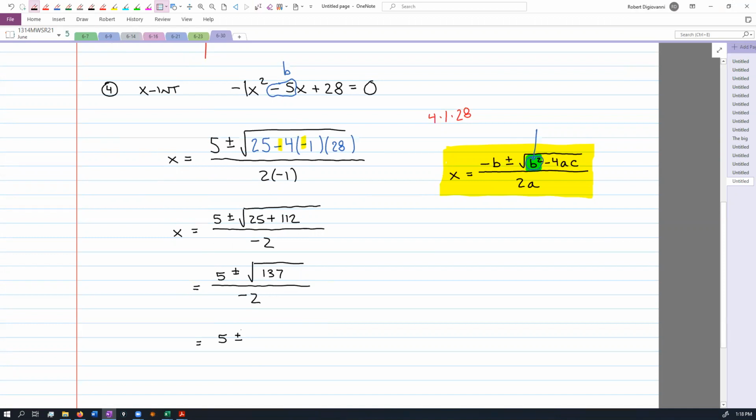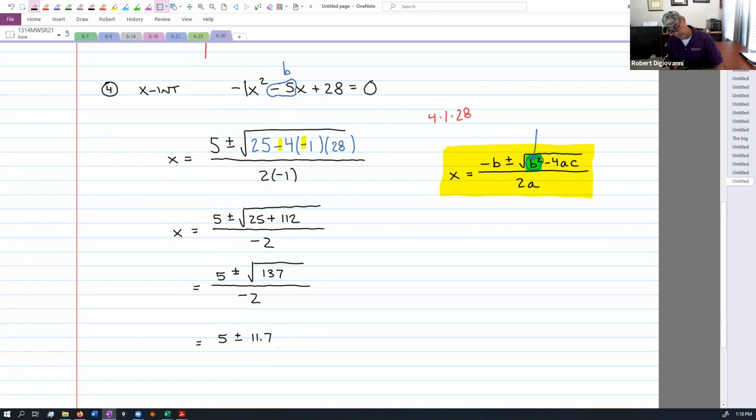Yes, I have 11.70. Yeah, let's just go 11.7. No more square root symbol, plus or minus 11.7 over -2. At this point is where I like to split it and do the plus and the minus separately. So 5 plus the 11.7 over -2, and then 5 minus the 11.7 over -2.